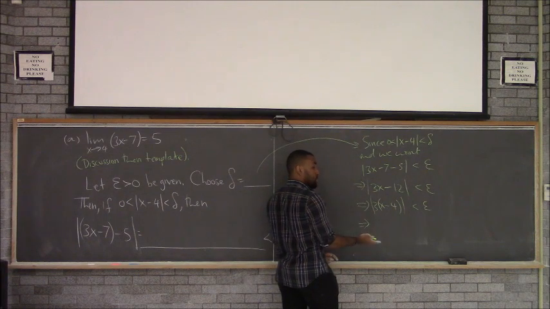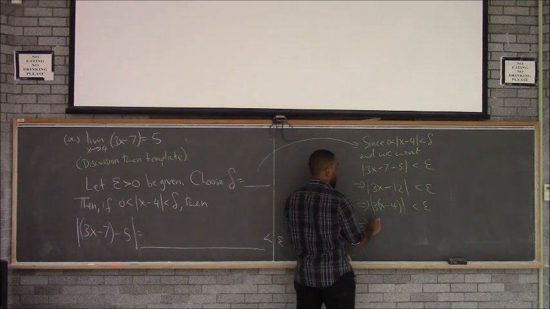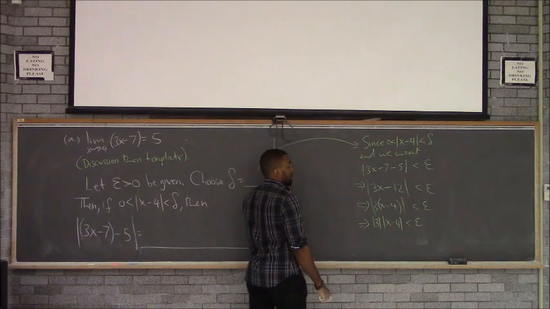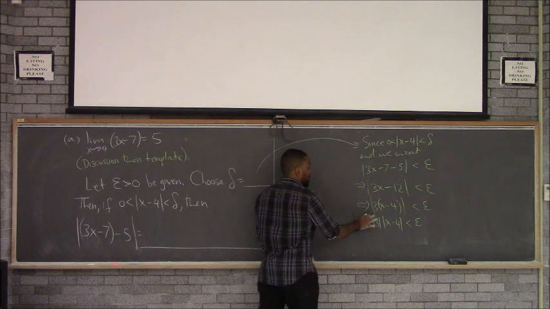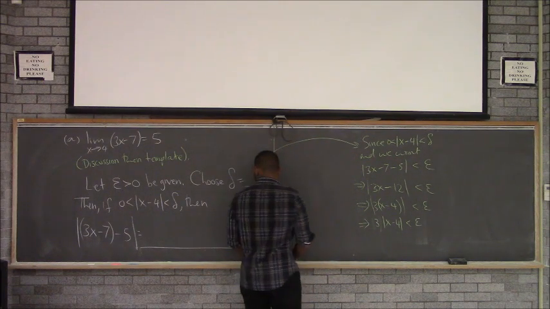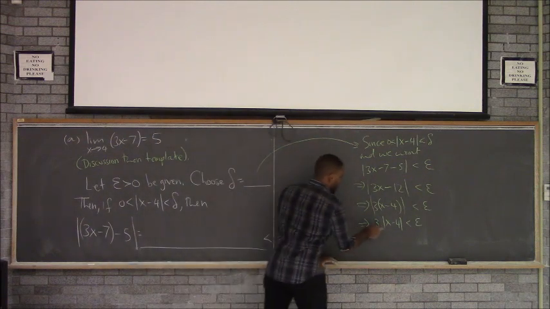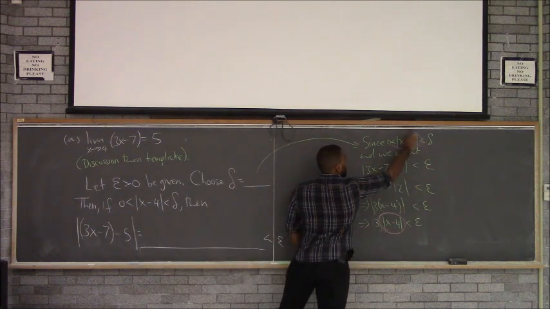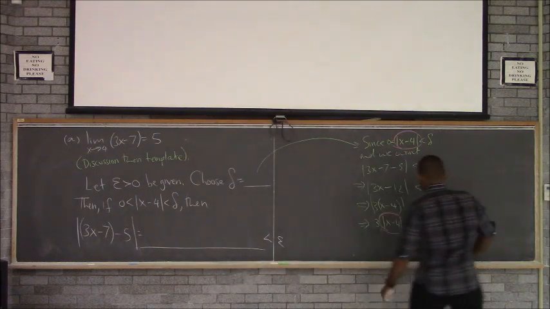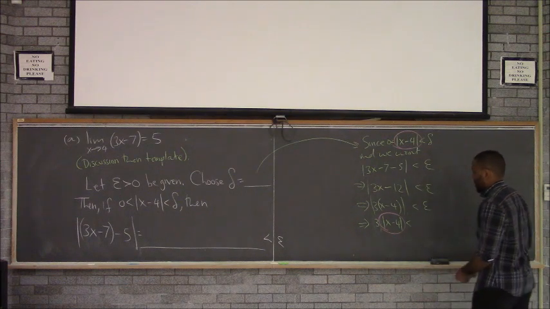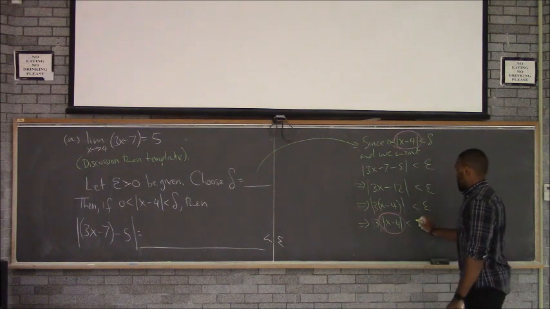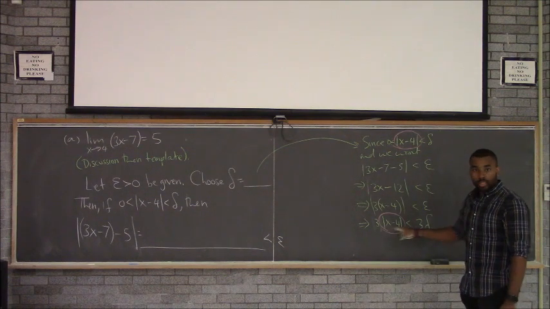Well, hopefully you remember that absolute values can distribute across products. Now, the absolute value of 3 is of course 3. But now I see, look here, that part is this part. So here's what I'd be able to say about it: 3 times that will be less than 3 times delta, because this is less than delta.